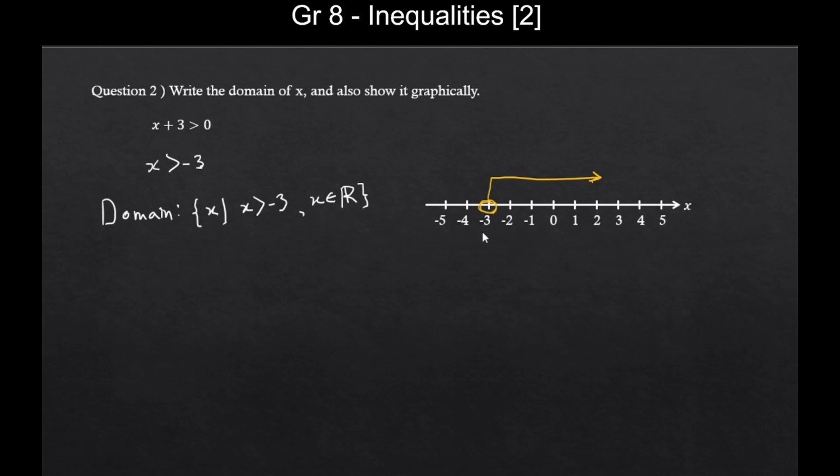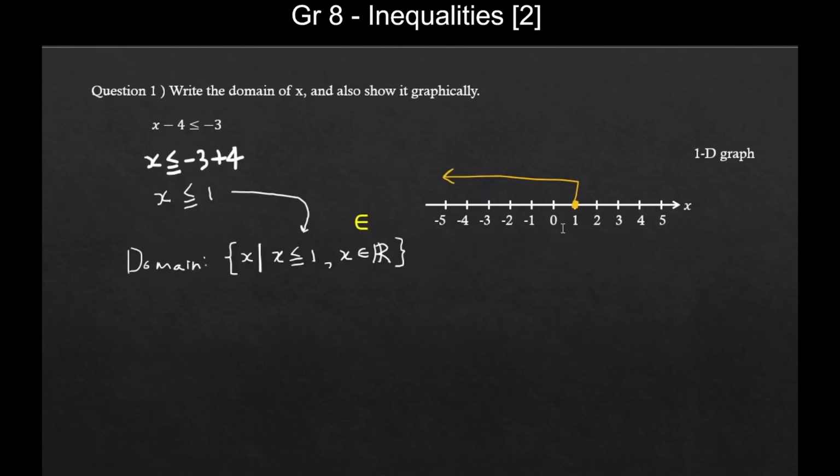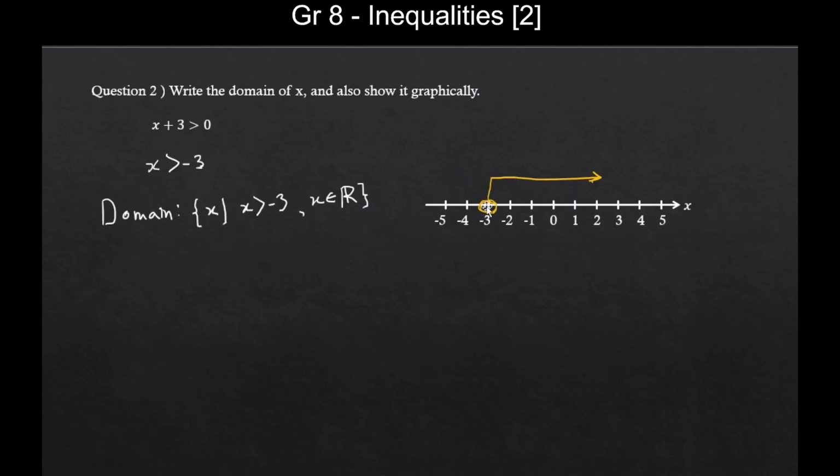But now look at this. In the previous question, I simply drew a dot here. But here, I've drawn an empty circle, the circle that's empty inside. Why would I do that? That's because we're not including this number, -3. Because you see here, we have x is greater than -3, so it cannot be -3, right?